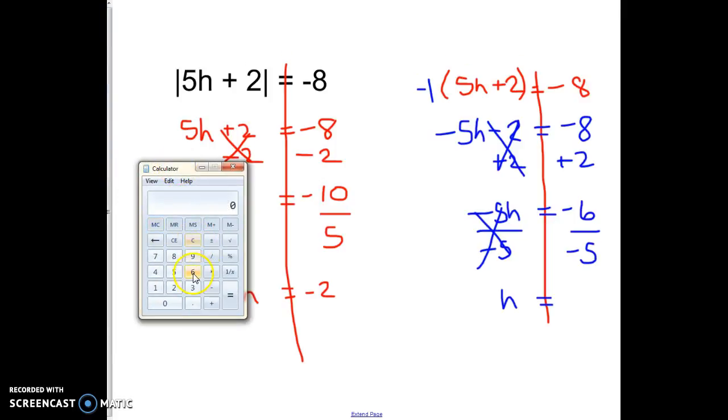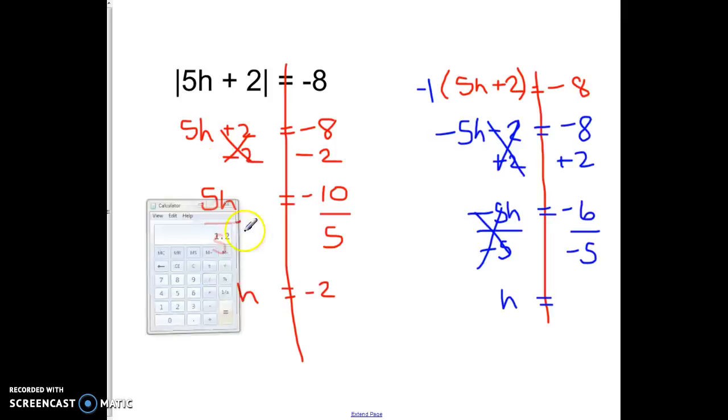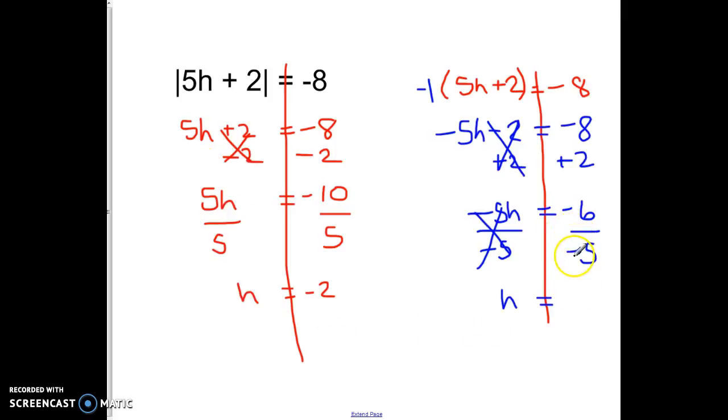If I take 6 divided by 5, I'm getting an answer of 1.2. And a negative divided by a negative is positive. So my answer could also be 1.2, or you could leave your answer in fraction form as 6 over 5. So my two answers are negative 2 and 1.2, or 6 over 5.